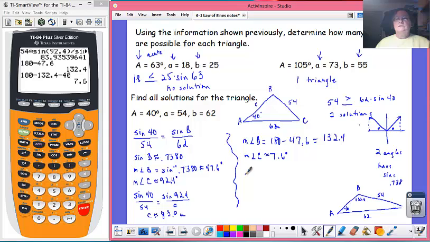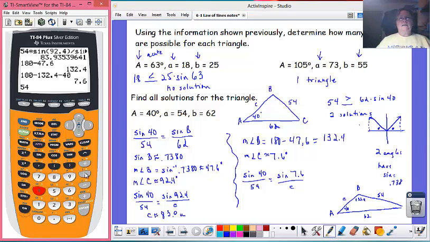Now we can use the law of sines to find that remaining side. So the sine of 40 relates to 54 the same way that the sine of 7.6 will relate to C. It's going to be very small this time. We want to multiply 54 times sine 7.6 and then divide by the sine of 40.